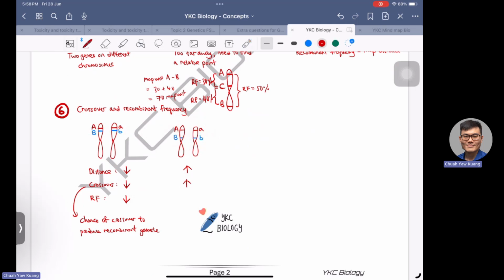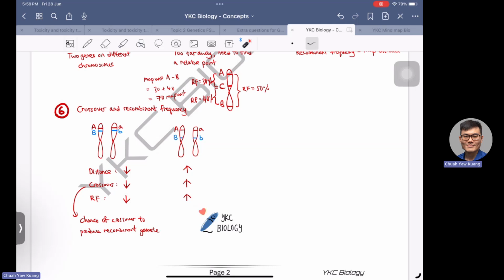Because of the higher chance to produce recombinant gametes, a higher number of recombinant type offspring can be produced. A higher number of recombinant offspring will give rise to a higher recombinant frequency. So a higher recombinant frequency indicates a longer map distance between the two genes.